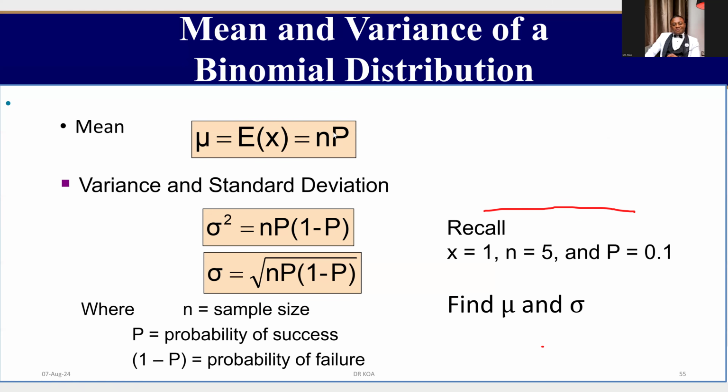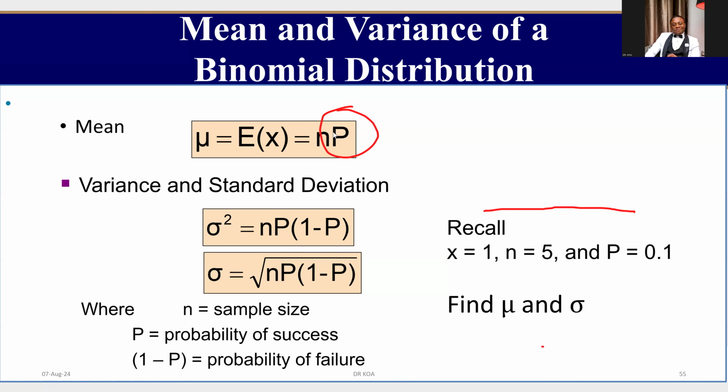That's simply the mean, also called the expected value. And the variance, and of course the standard deviation, which is the square root of the variance, is just that same number, which is the mean, multiplied by the other probability.